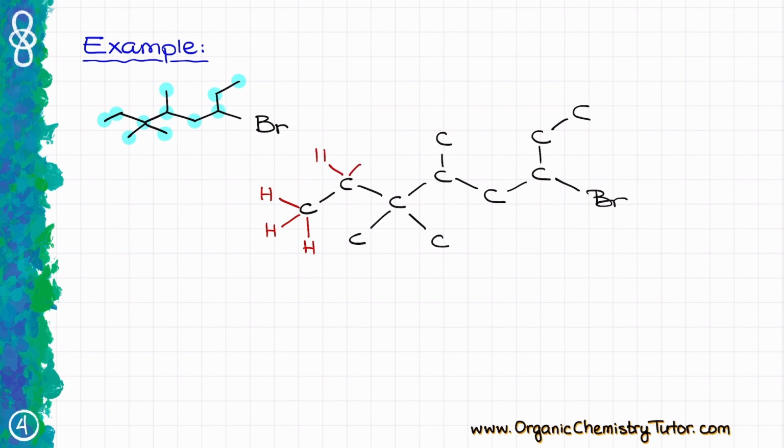Then the next one requires 2 hydrogens. Then I'm going to show 3 more hydrogens over here, 3 more hydrogens on the bottom right. Then the middle carbon, this one, doesn't require any hydrogens because it already has 4 bonds, so I'm not going to show any hydrogens on that one and just skip that guy.